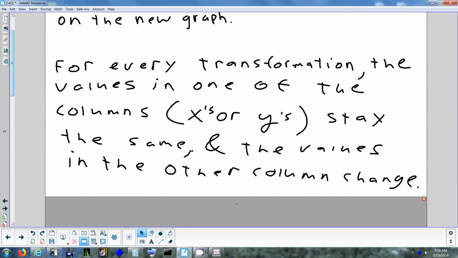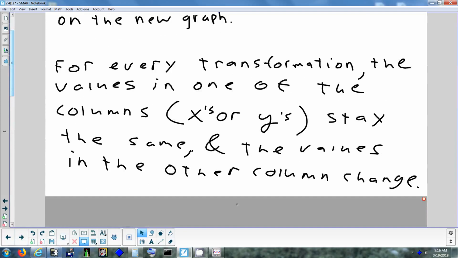So if I have you shift the graph up in the problem, that's all you're going to do. You're going to shift it up. You're not going to shift it up and shift it left. That's two transformations. In pre-cal, we get into multiple transformations because we have more time, but we're only going to do one transformation per problem.